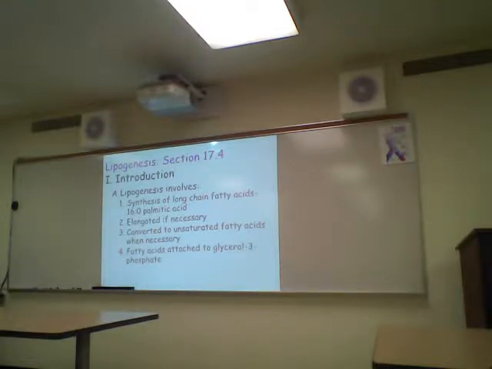And then we need to attach them to glycerol 3-phosphate. And then, of course, the last thing, if it's our triacylglycerol and it's time to add it to the adipose tissue, it'll be stored.